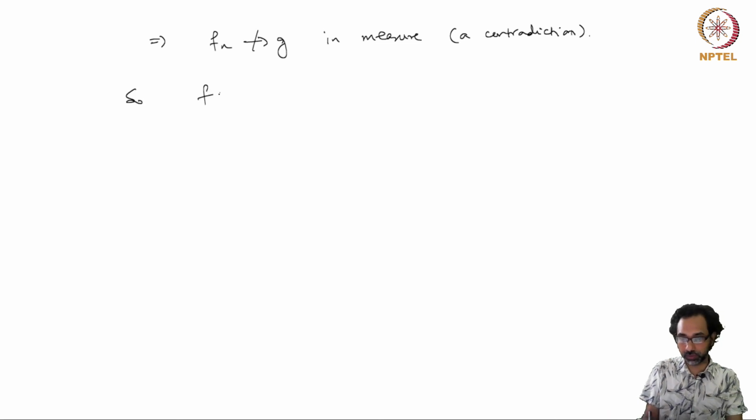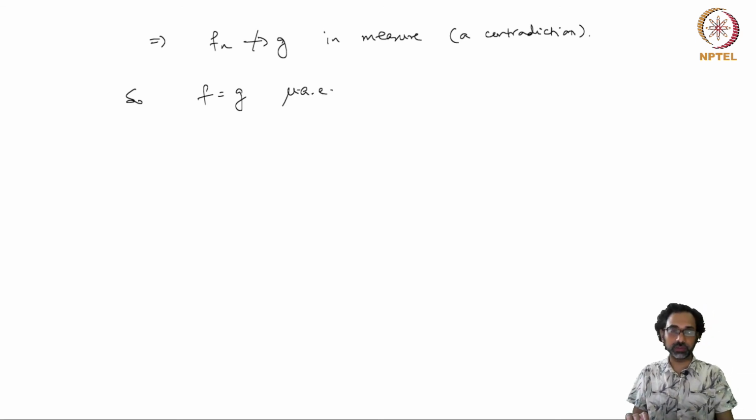So f equals g mu almost everywhere. So this finishes the proof of our uniqueness result, comparing limits: when the same sequence converges to two different limits in different modes, or even the same mode of convergence, then the two functions are equal outside of a null set.